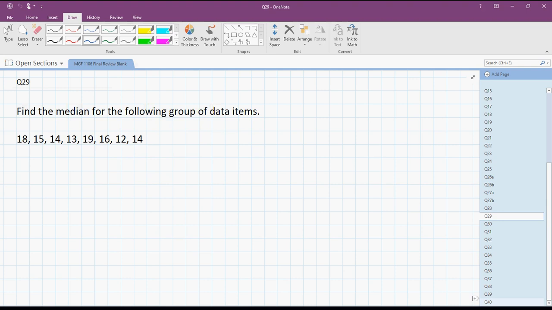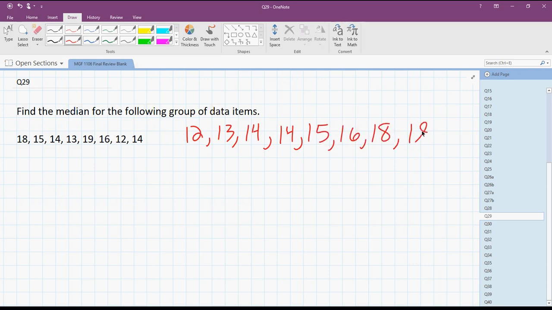So if you actually put these in order from least to greatest and work towards the middle, they look like this: 12, 13, 14, 14, 15, 16, 18, 19. So there are your numbers in order from least to greatest.